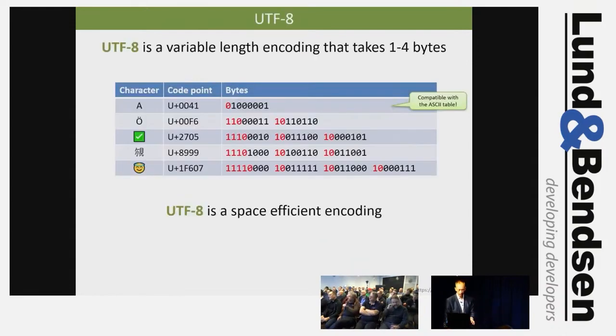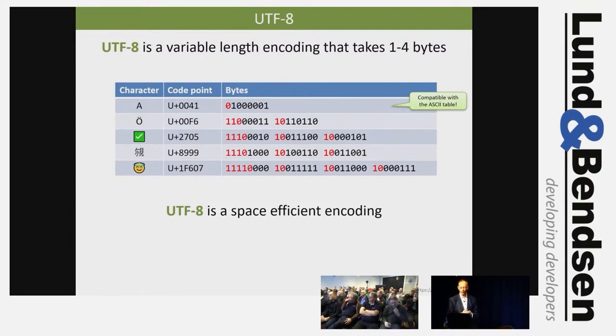In this case, we use 1 to 4 bytes to represent one character. Depending on the size of the value of the character, we will need 1, 2, 3, or 4 bytes to fully represent it.